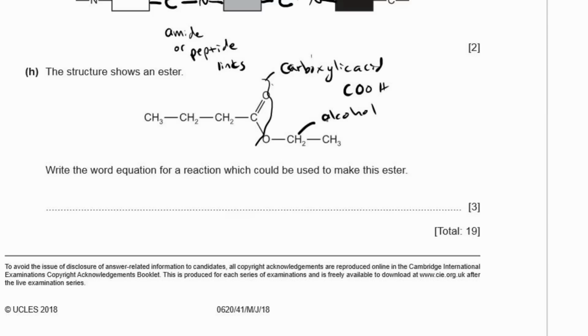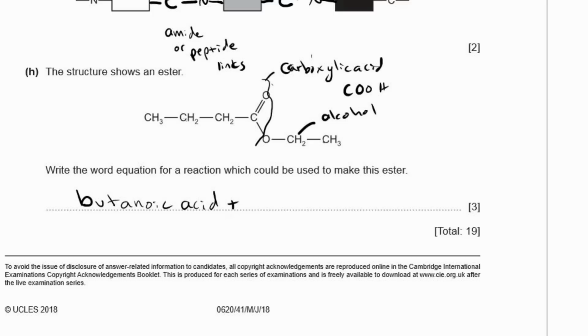So a carboxylic acid and an alcohol produce an ester. So we have butanoic acid. Again, on this side, 1, 2, 3, 4, monkeys eat peeled bananas, says B. That's butanoic acid.